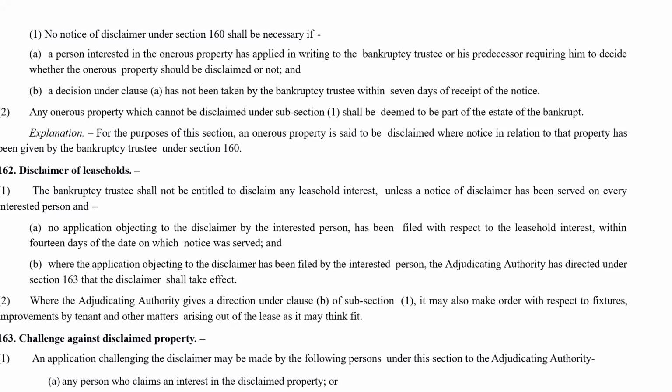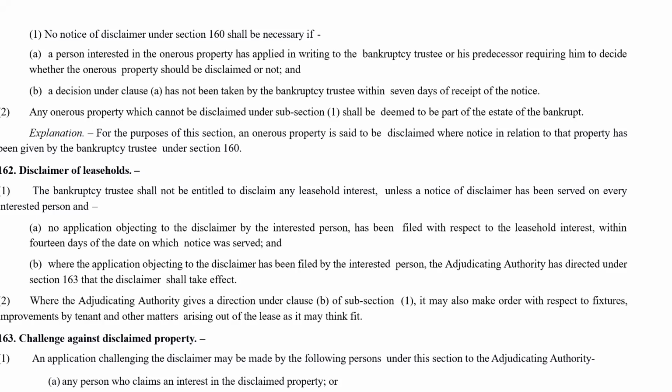And no application objecting to the disclaimer by the interested person has been filed with respect to the leasehold interest within 14 days of the date on which the notice was served. And where the application objecting to the disclaimer has been filed by the interested person, the adjudicating authority has directed under section 163 that the disclaimer shall take effect.